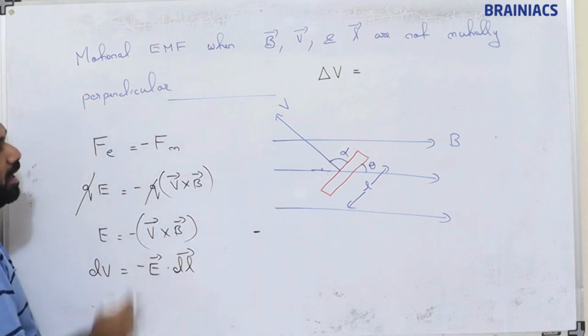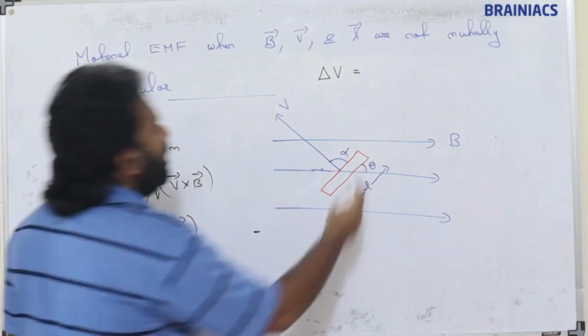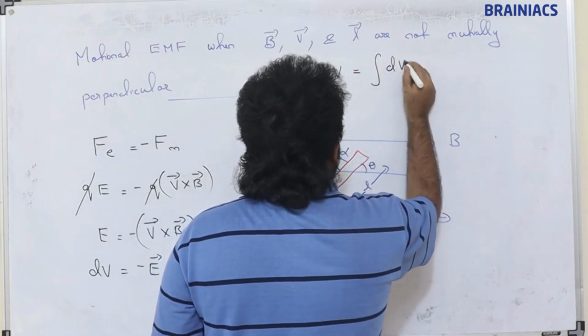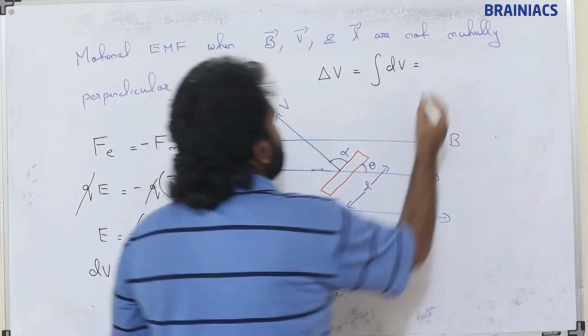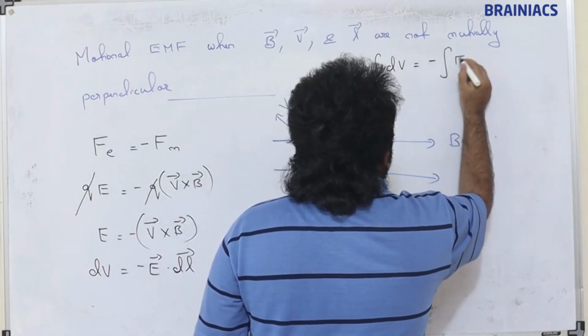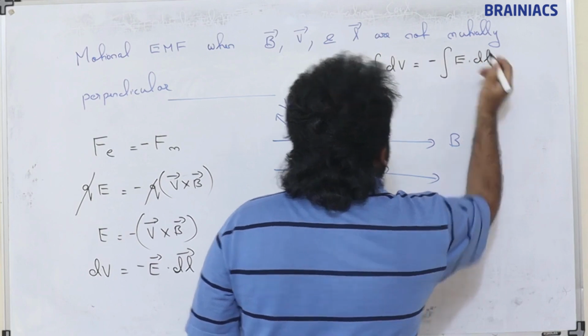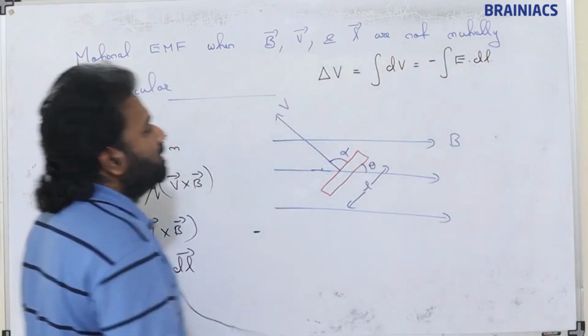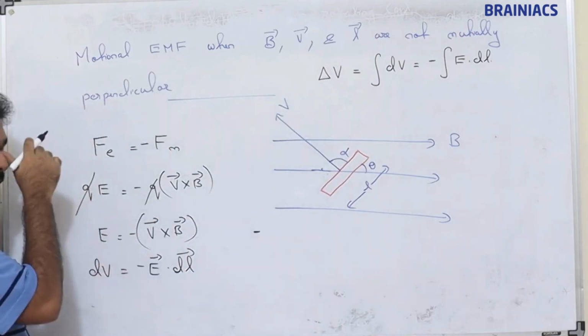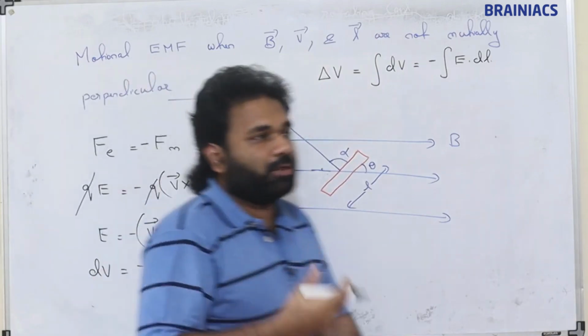Suppose it is for a large distance, then delta V is equal to the integral of dV, or minus the integral of E dot dl. Clear? This is the potential difference. Why are we moving to potential difference?